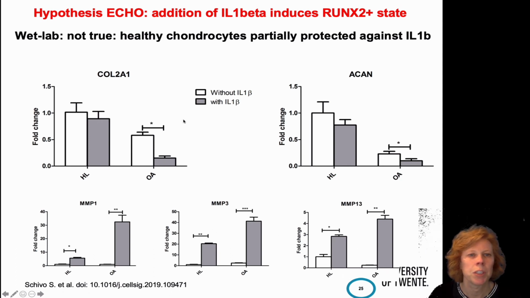So in all these pictures, the control, which is untreated cells, is in white, and the gray bars are the interleukin-1 treated cells. What we do see is that the expression of MMPs in osteoarthritic cells is much higher than it is in healthy cells. So it seems that healthy cells may be partially protected against the effects of the interleukin-1 treatment.